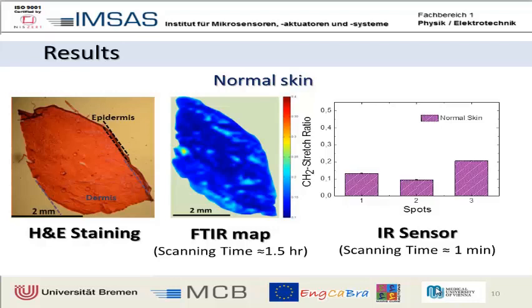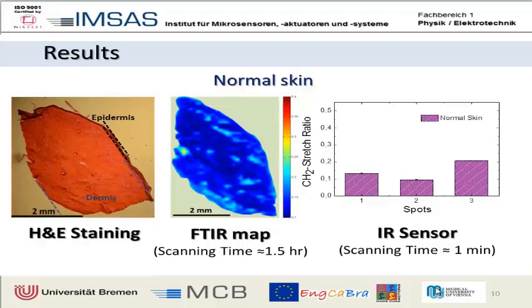On the left side, you can see a picture of a normal skin sample that has been investigated by our pathologist. On the right side, you can see the thin layer of epidermis, and then a thick dermis. In the middle, on the screen, you see the CH2 stretch ratio map collected using the FTIR.